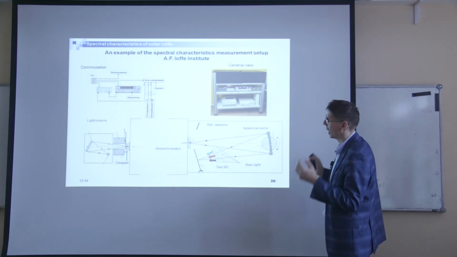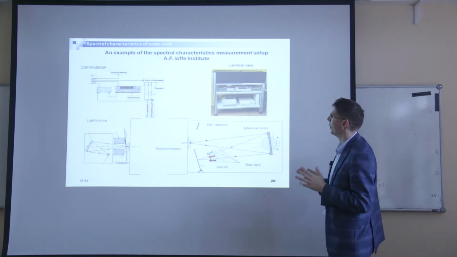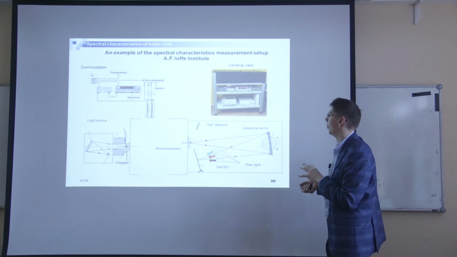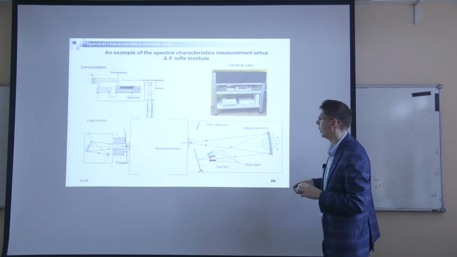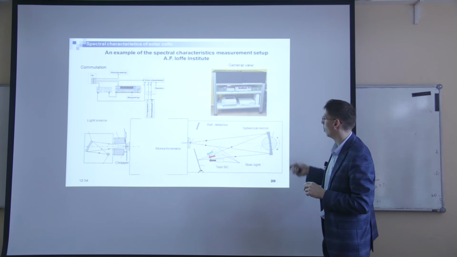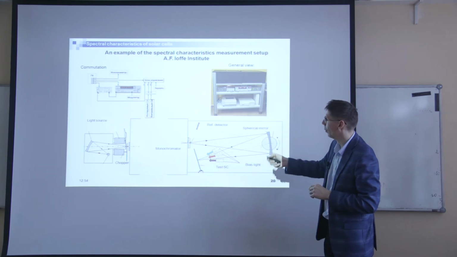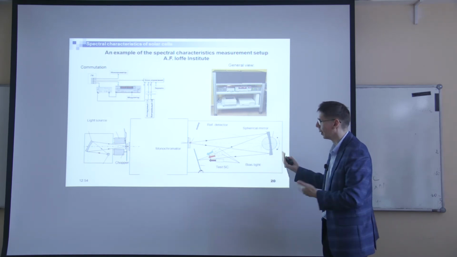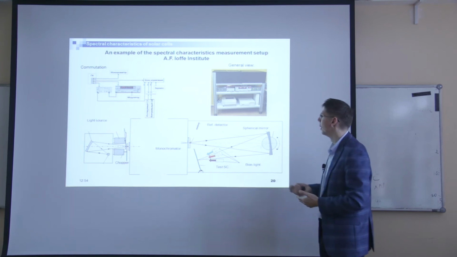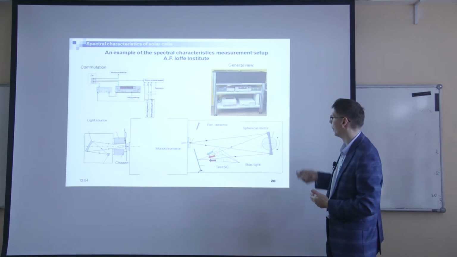There is another example of the system. The main difference I'd like to demonstrate is that here there are no moving parts, I mean no moving table, but just a moving mirror.